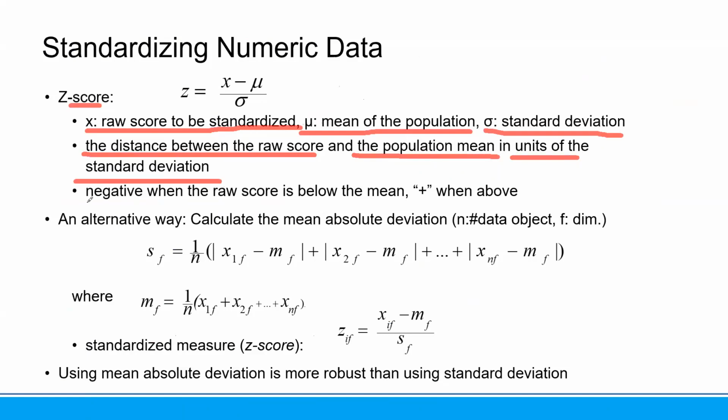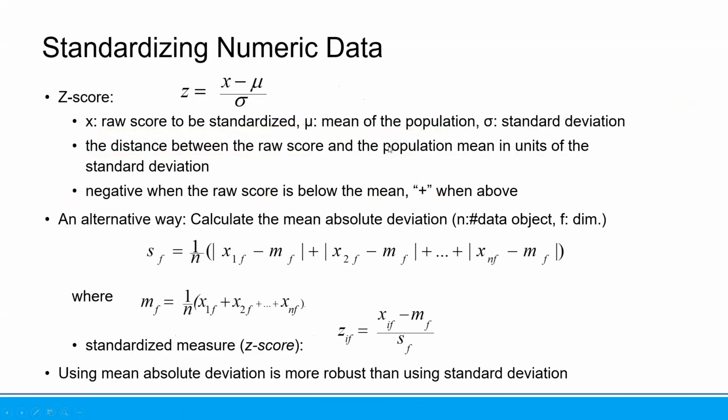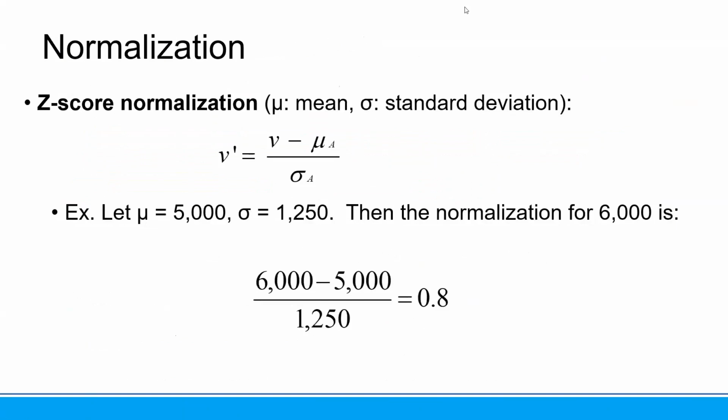And you can see that the negative score will happen if the raw score is below the mean, and it will be positive when it is above. For example, you know that this is 6,000, right? 6,000 minus 5,000, of course, is still positive. But what about if I want to normalize 4,000?